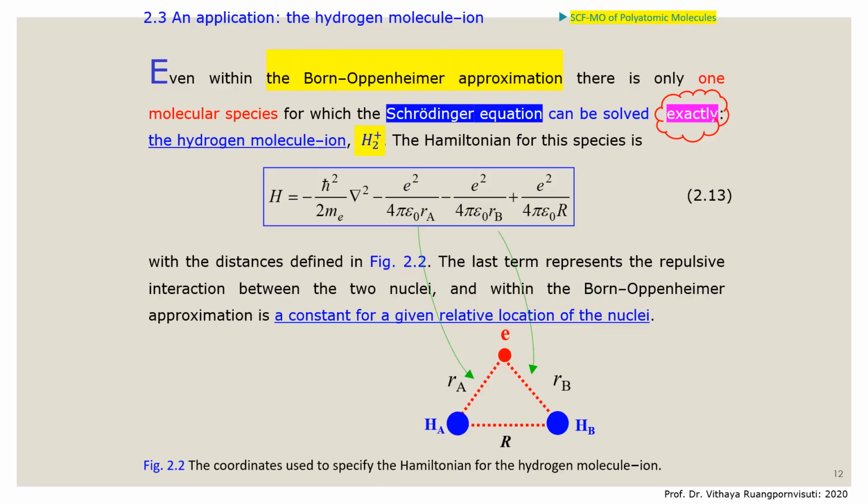The second and the third terms are the energy of the interaction between the electron and the nucleus of hydrogen Ha and Hb respectively. The last one is the repulsion energy between the two nuclei, or we call it the nuclear interaction energy.